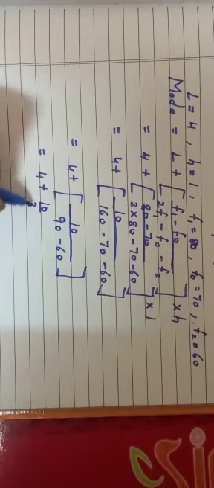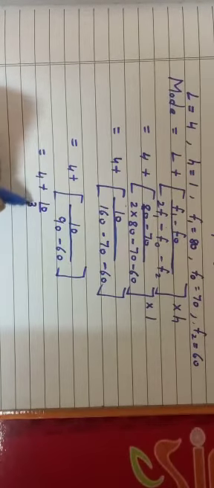Okay, then if you want, I'll write it down. So 4 plus 1 upon 3, which is equal to 4 plus 0.33, which is equal to 4.33.